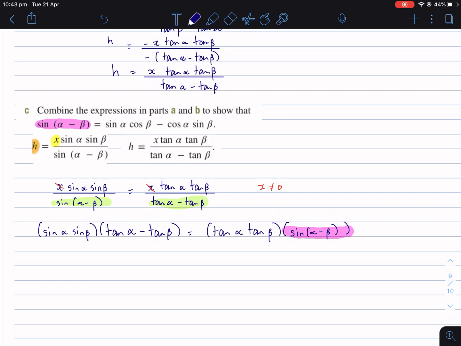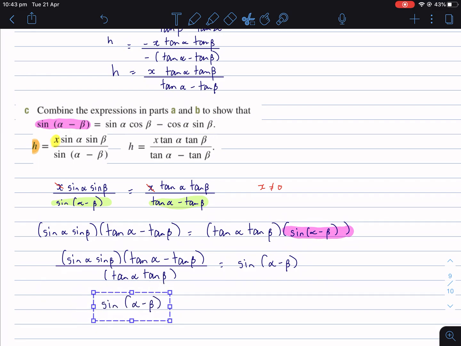So I'm going to have this stuff divided by that one, tan alpha tan beta. I don't need these brackets, by the way. Equals this thing. So that means this thing equals this thing.